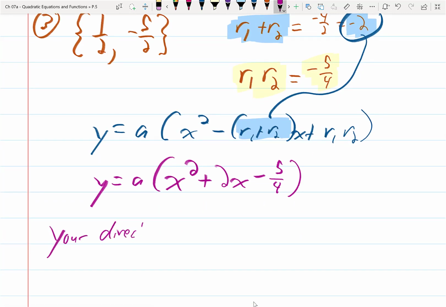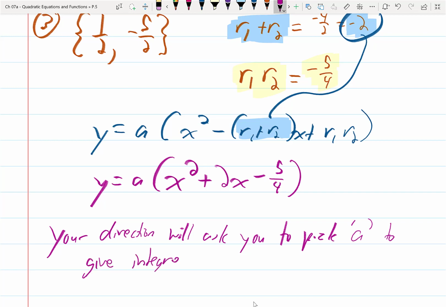Your directions will ask you to pick an A value to give integer coefficients. So you get to choose whichever A value you want.